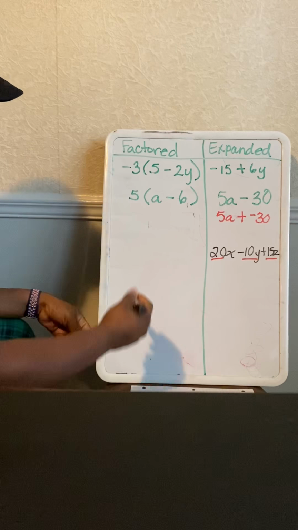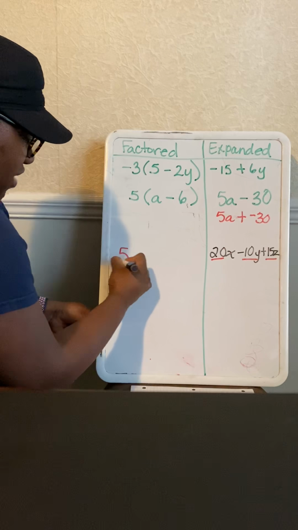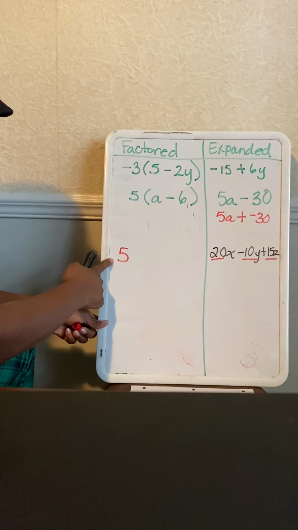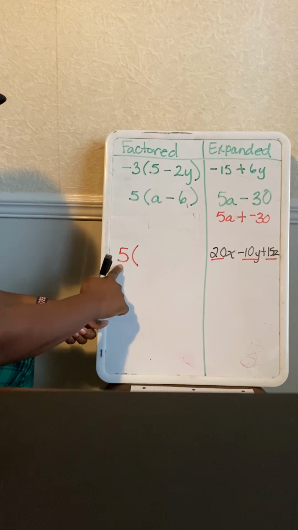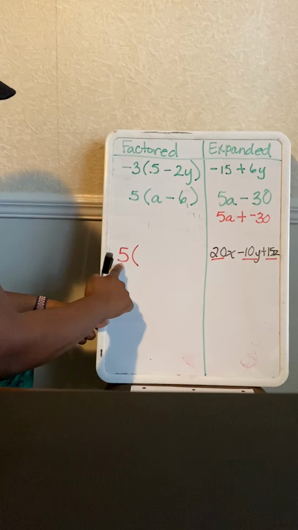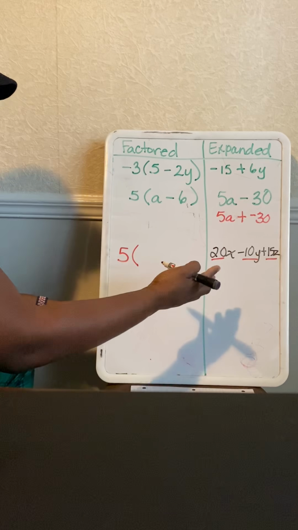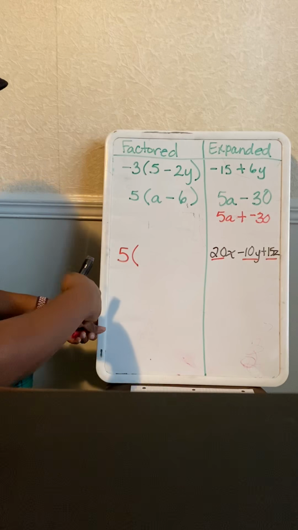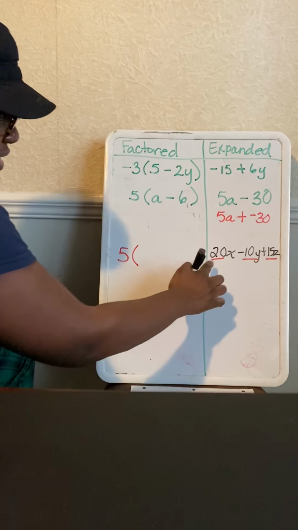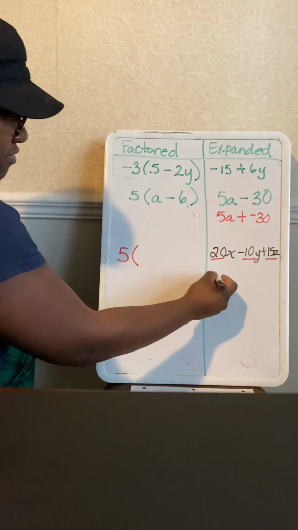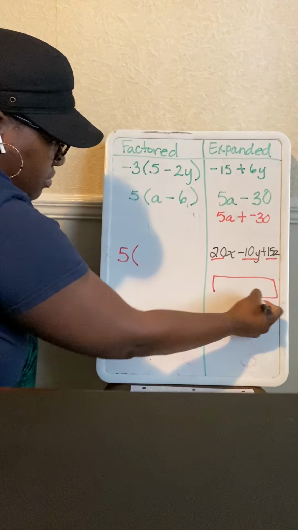And if I chose 5, then that would be my number that's outside of my parentheses, because that's the common number between all 3, and then thinking of how to get back. So it's basically just working backwards. What you're seeing is the numbers inside of the box of the area model.